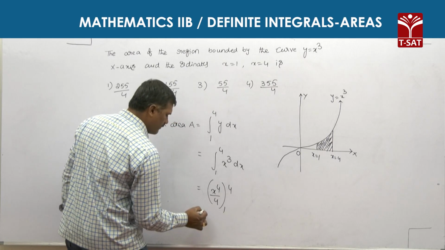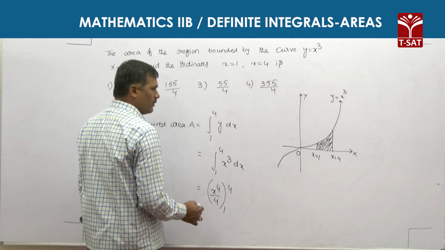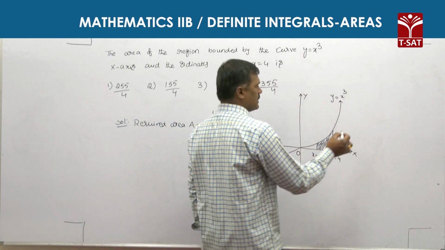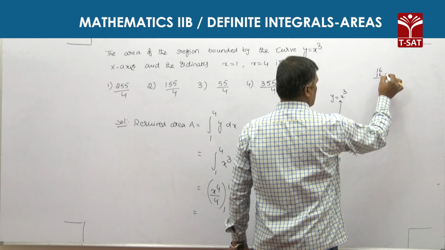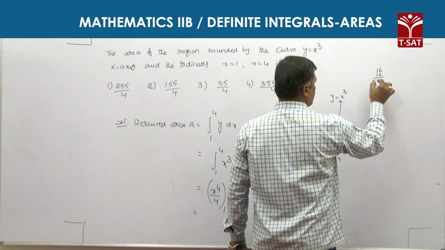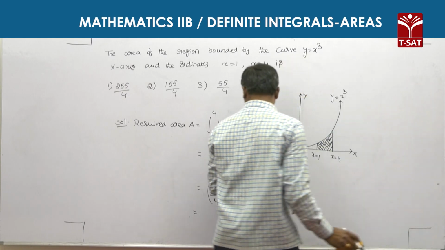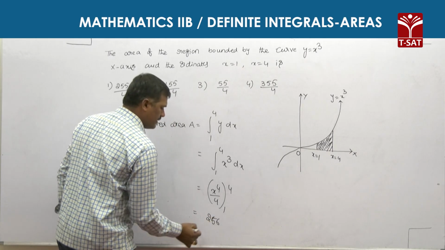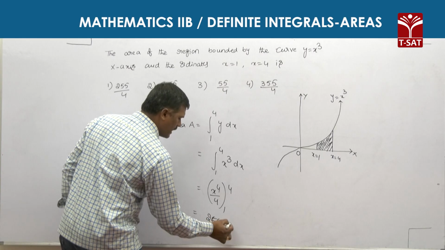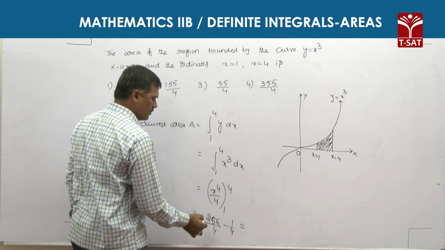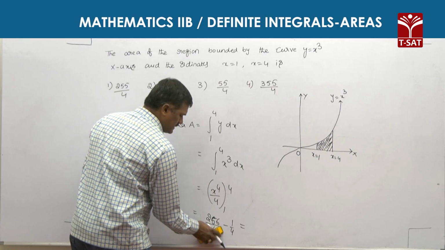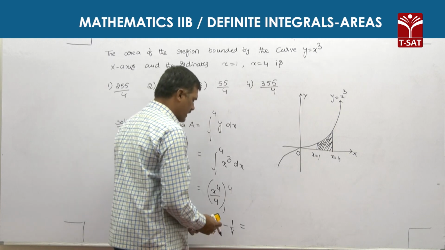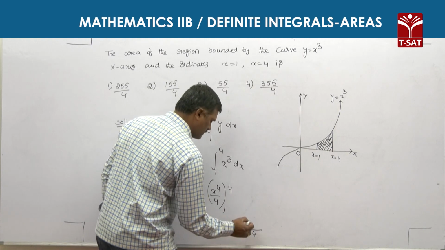That is upper limit 4 power 4, 4 fours are 16, 16 into 16 is 256, by 4, minus lower limit 1 by 4. That is equal to 256 by 4 minus 1 by 4, denominator LCM 4, 256 minus 1, 255.